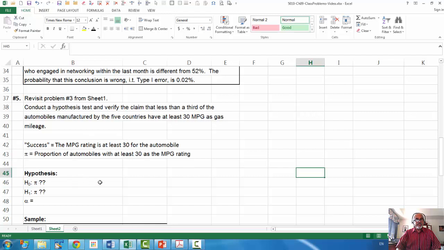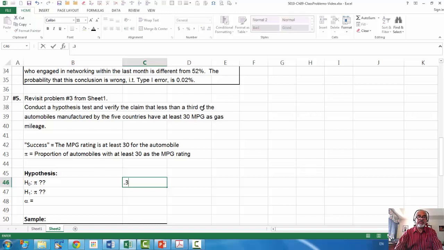Now the hypothesis value is 1/3, right? A third. One more point that I want to make is some students may have a tendency to type 0.3, which is really bad. Some of them may say 0.3333, which is all right, but we can do better than that. 0.3 is not 1/3.